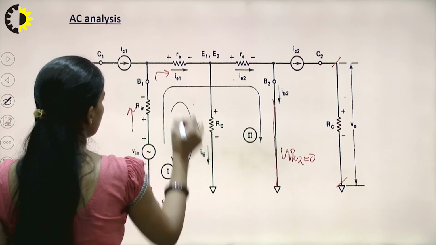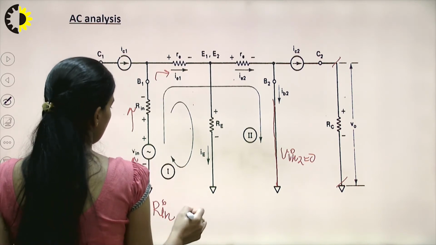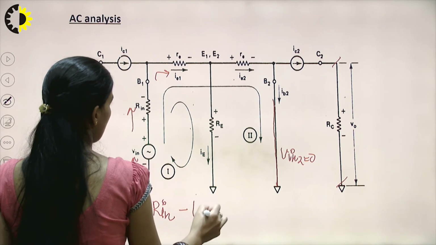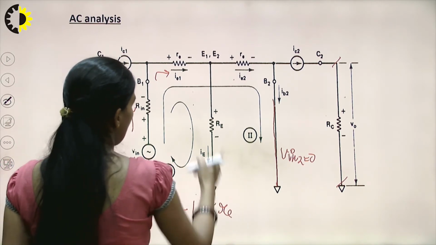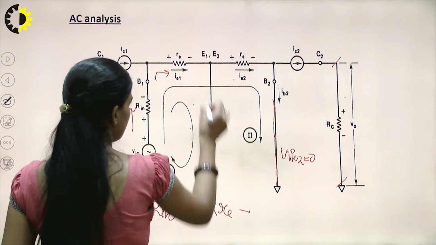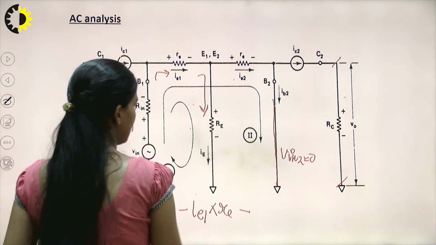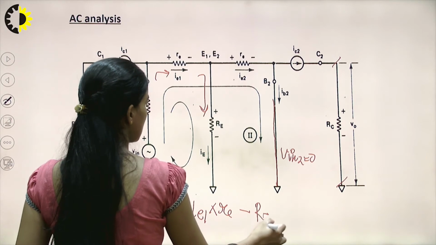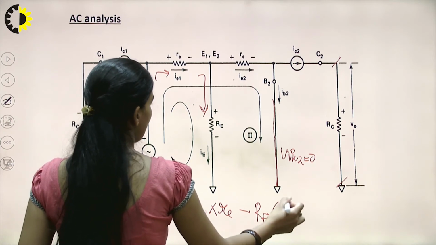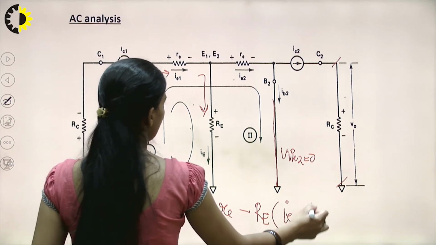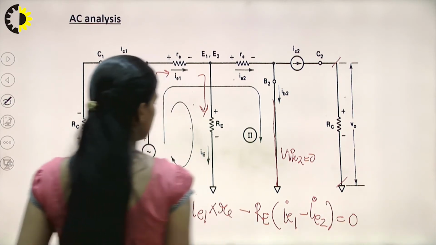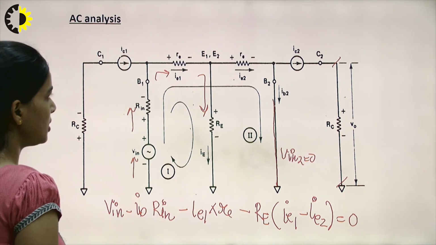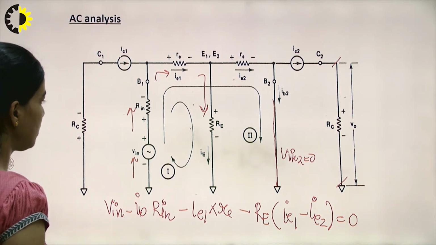Moving to the right side, minus IE1 multiplied by RE, and when we move in the RE branch, we can write it as RE multiplied by IE1 minus IE2 is equal to 0. So this will be one KVL equation.